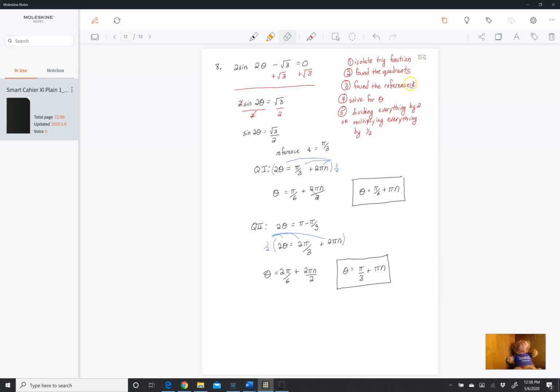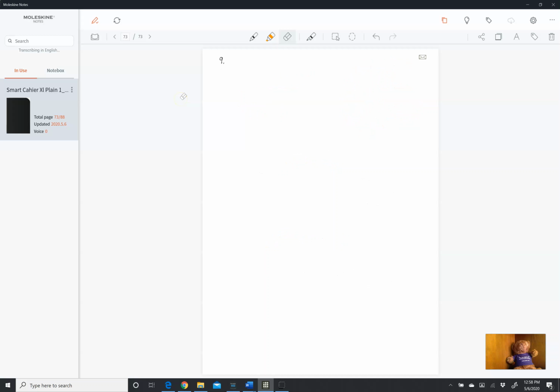Okay. One last one. 2 tangent x over 2 minus 2 is equal to 0. So same thing. We're going to add 2 to both sides.